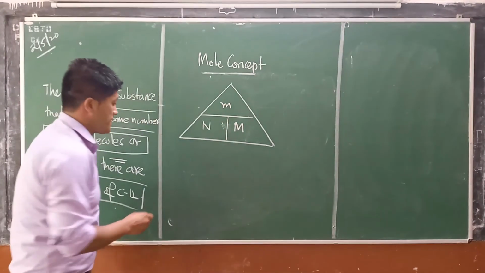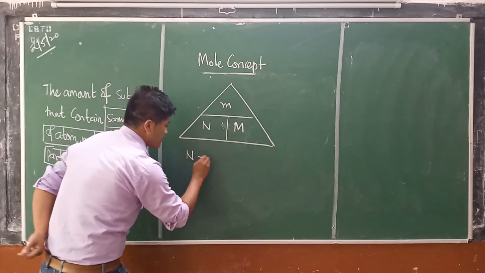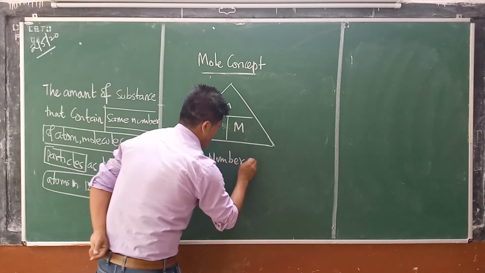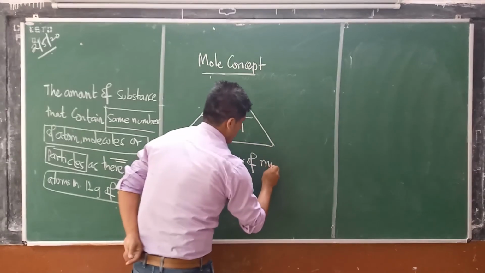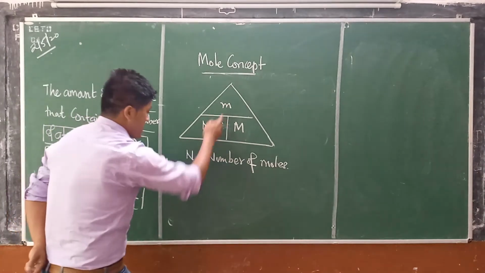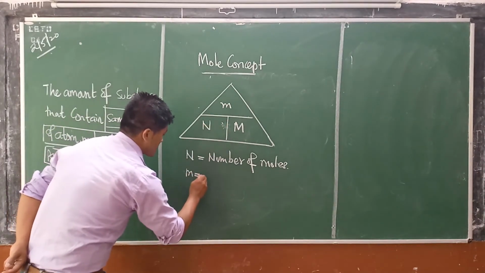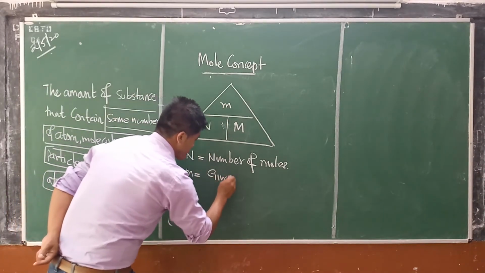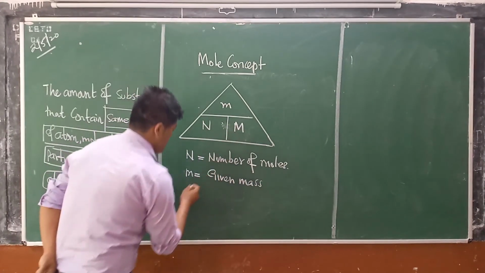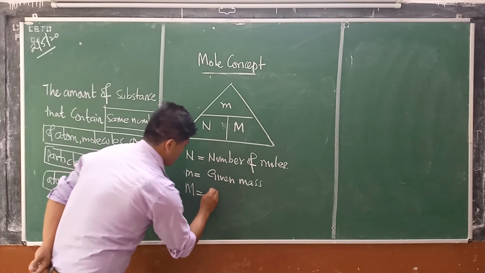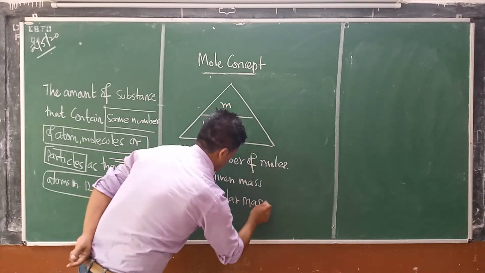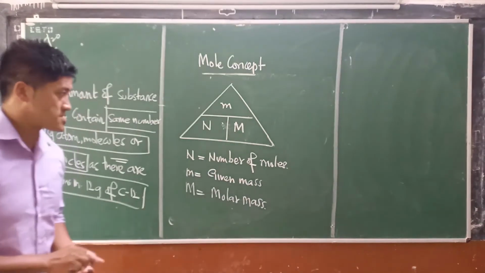This n signifies number of moles, and this m signifies given mass, and this M signifies molar mass or molecular mass here.